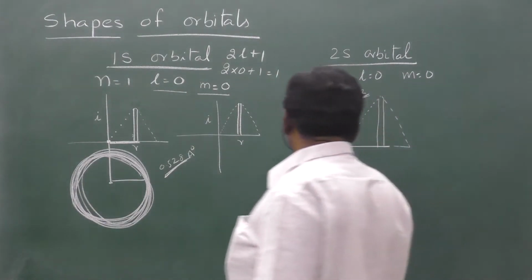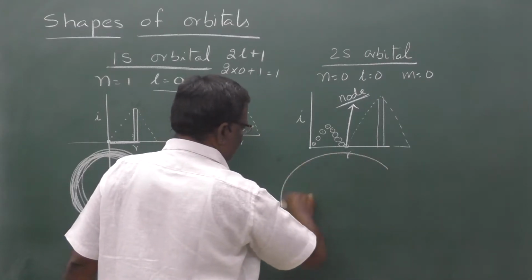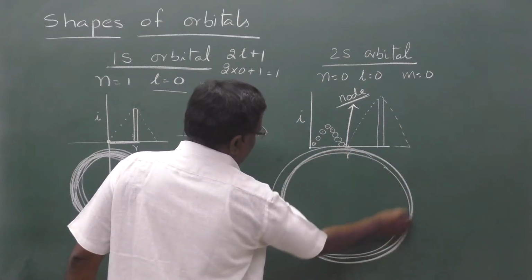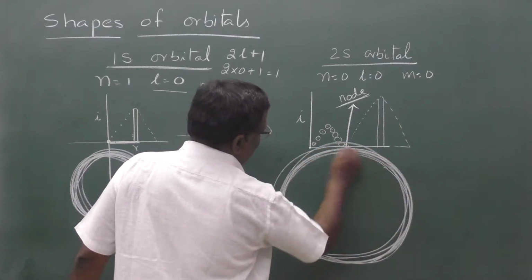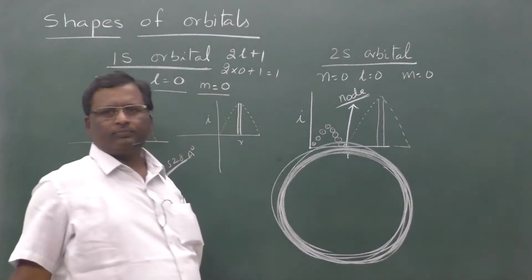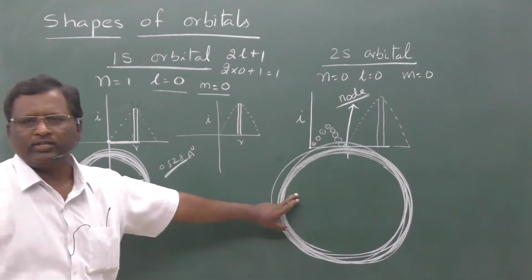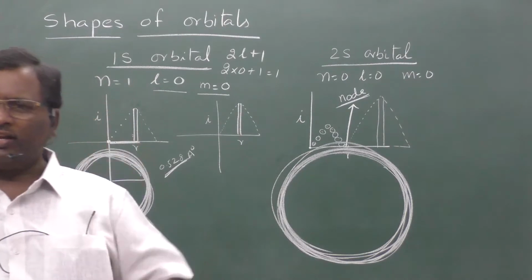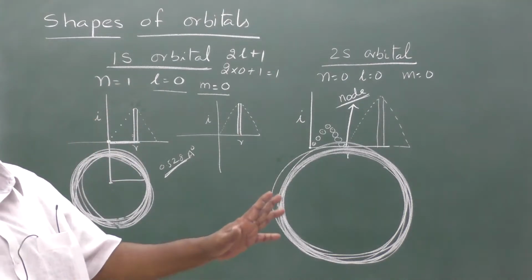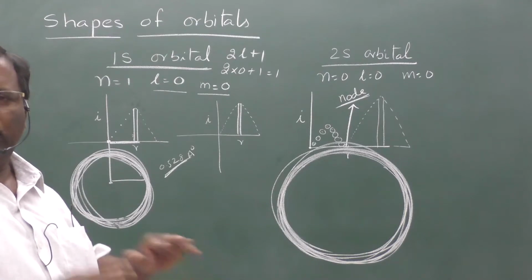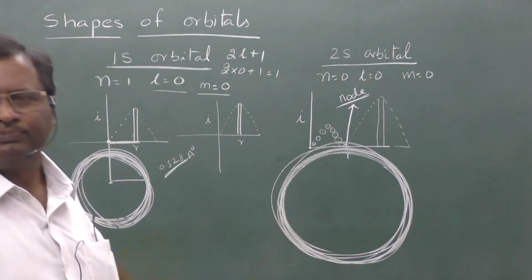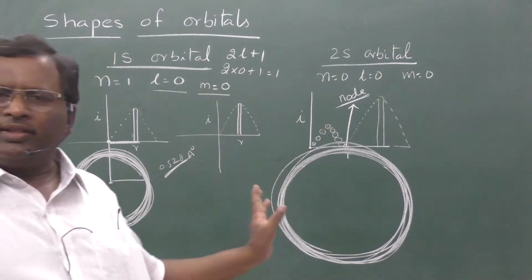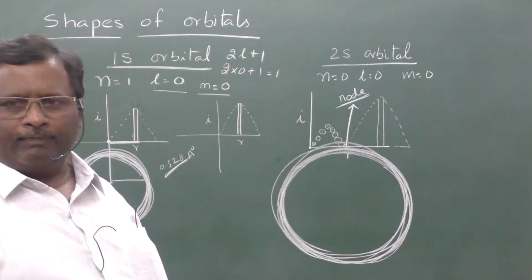So taking this as radius, if I construct a sphere, that sphere will give me the shape of the 2s orbital. That means the 1s and 2s orbitals are both spherical because they have only one magnetic value. There are no other spatial arrangements, and their position along the x-axis, y-axis and z-axis is the same. That means in between those axes also it will be the same. That's why a spherical shape appears.